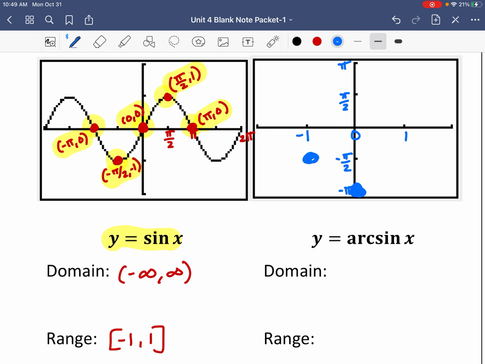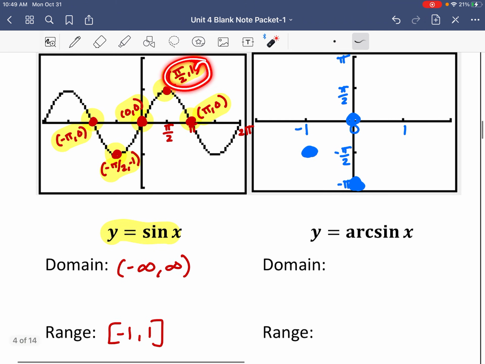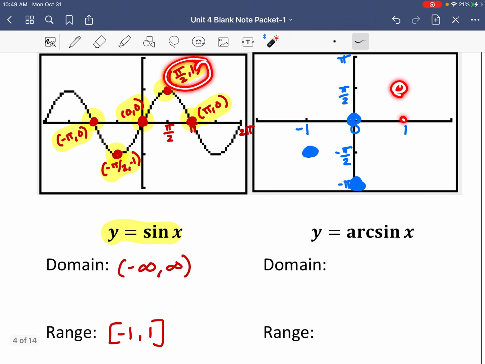It'll be down here. Okay, 0, 0 is easy. Stay 0, 0. Okay, my next one is going to be over 1 up pi over 2. It'll be right here. So I'm just switching x and y. And then my last one that I'm going to plot is going to be 0, comma pi. So 0, comma pi is here.